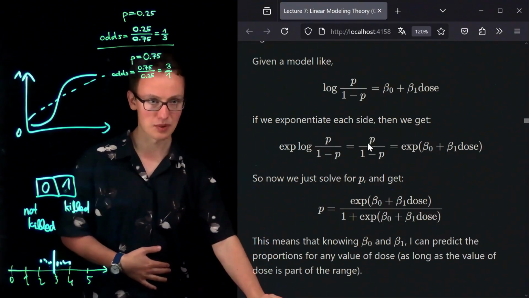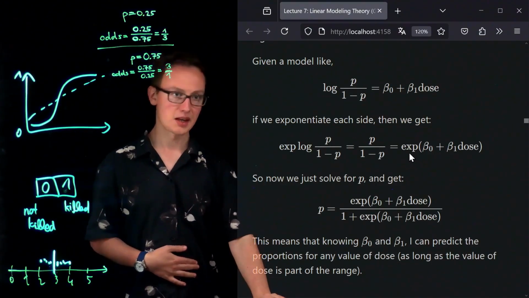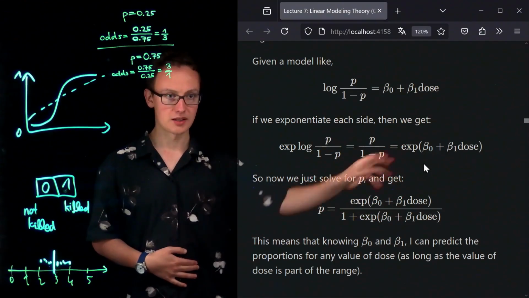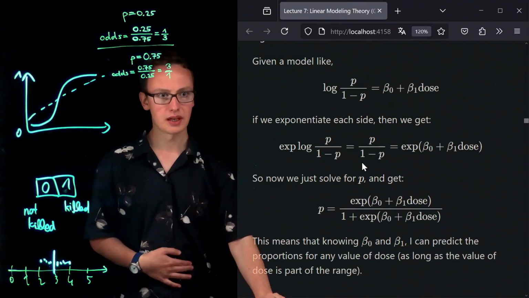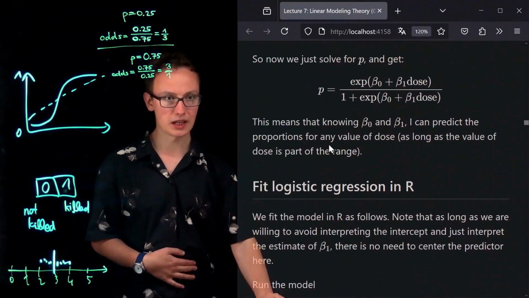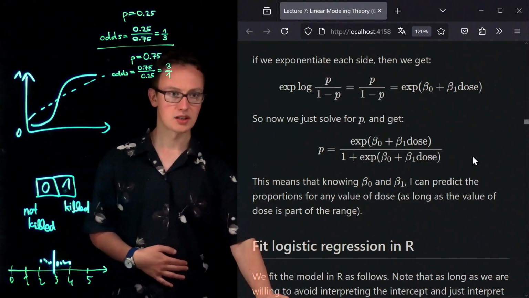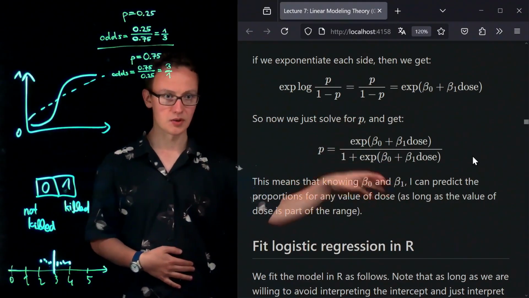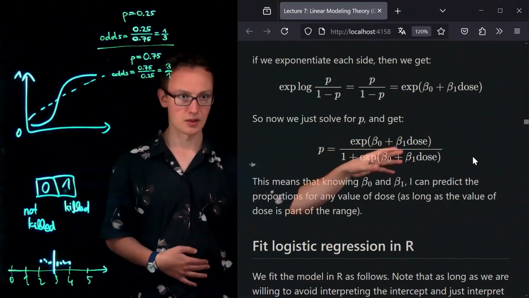So this will give us p divided by 1 minus p, the odds basically. And on the right side, we now have exponential of beta 0 plus beta 1 times the dose. And this equation, we could now just solve for p. And once we do that, we will get an expression like this. So p is equal to this division here, where we have exponential of beta 0 plus beta 1 times dose divided by 1 plus exponential of beta 0 plus beta 1 times dose.